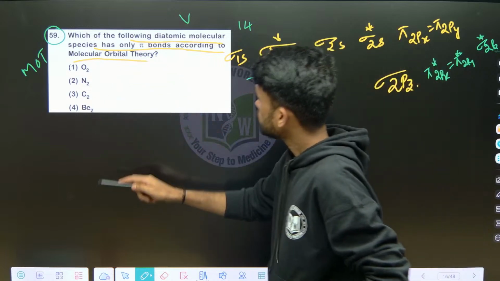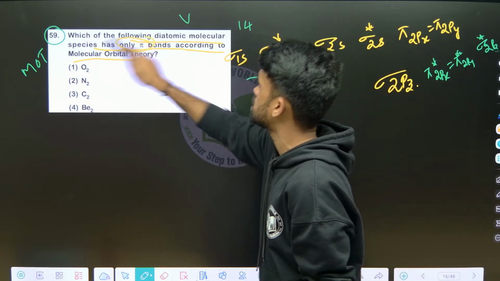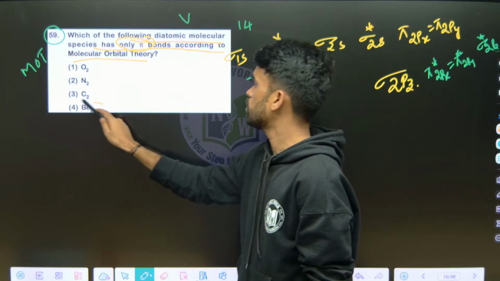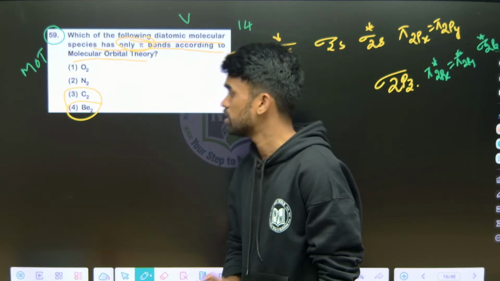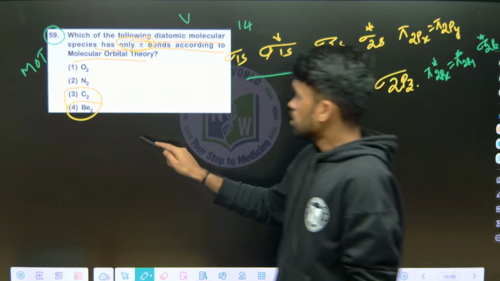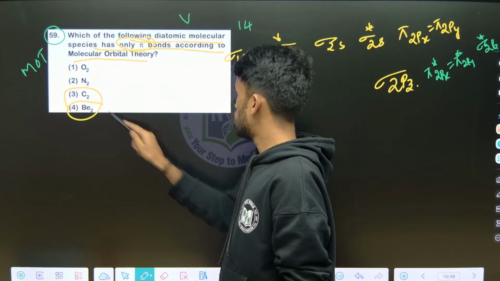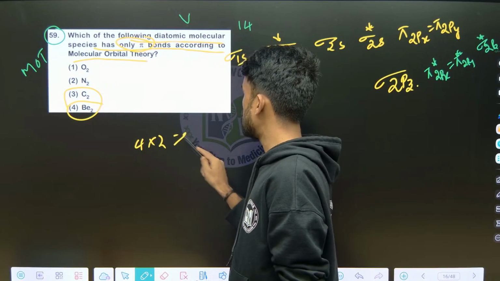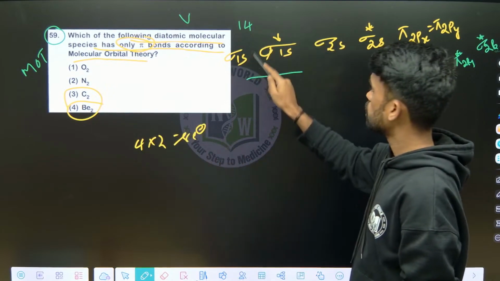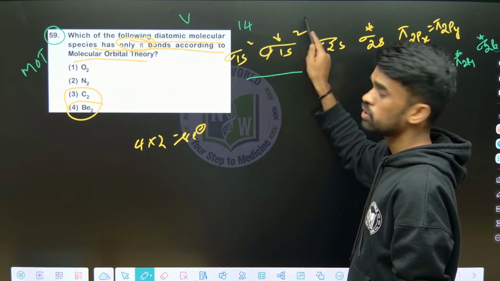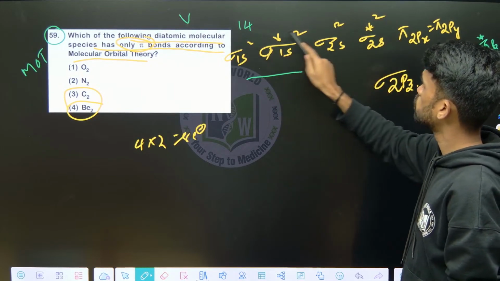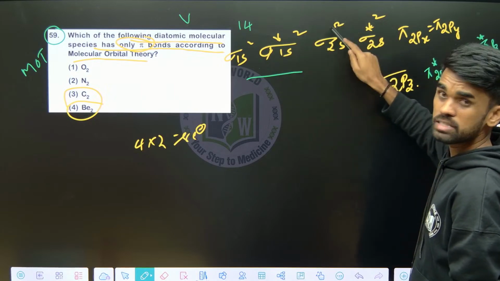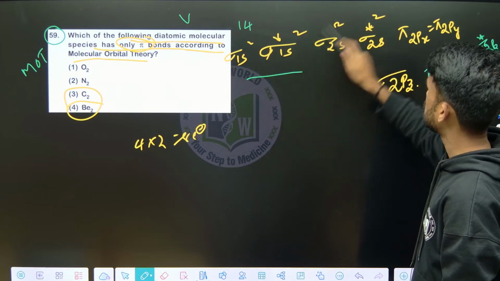See, they are asking only pi bonds are present. I will do this for beryllium too, because I know a direct answer will be there. For beryllium, atomic number is 4, 2 atoms are there, so 8 electrons. 2 here, 2 here, bonding and anti-bonding cancel out; 2, 4, 6, 8, all cancel out.